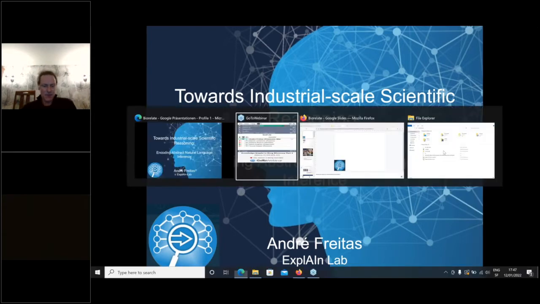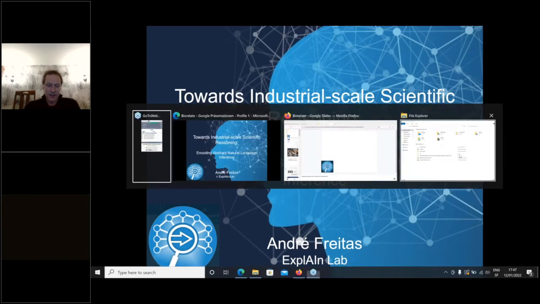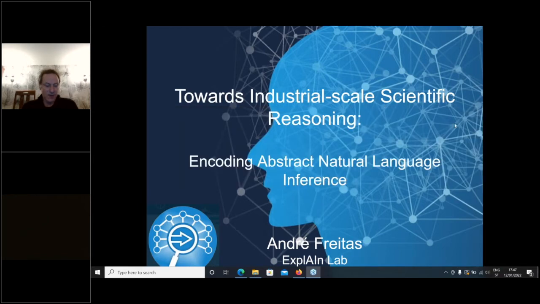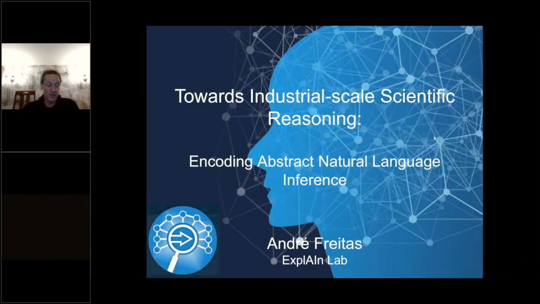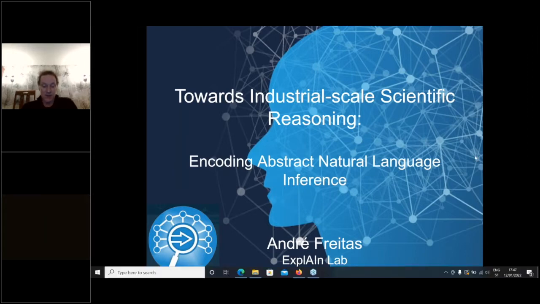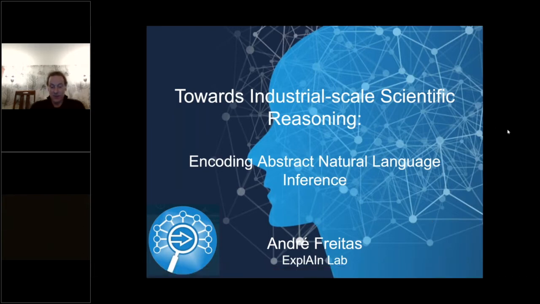So Andre is a researcher at the IDEAP Research Institute, senior lecturer at the Department of Computational Science at the University of Manchester, and AI group leader at the Digital Experimental Cancer Medicine team.